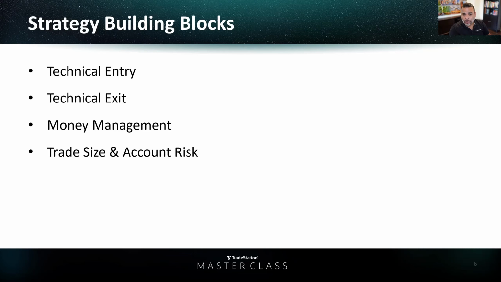What is the potential movement against me, and what does that translate to in dollars? Not only in dollars, but what does that translate to as a percentage of my account capital? Am I risking more than 2-3% of my account capital? Those are things that you should consider every time that you test a strategy.